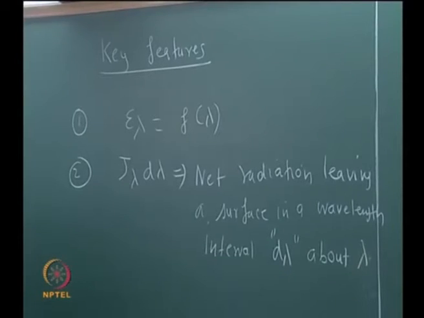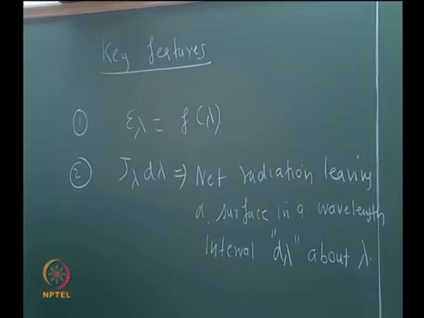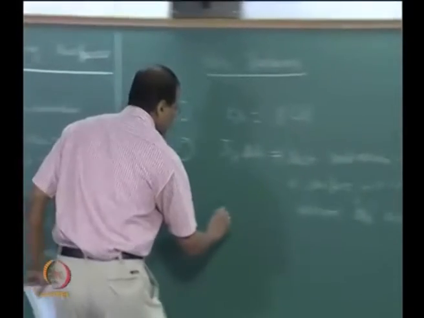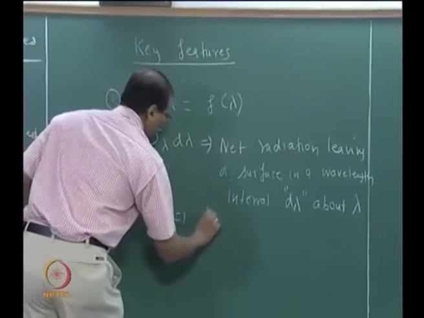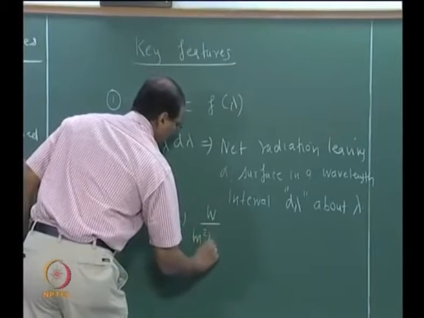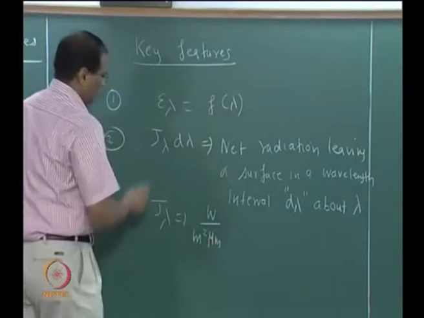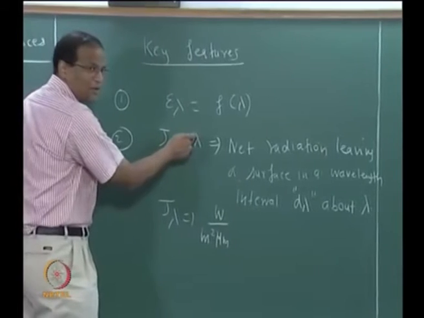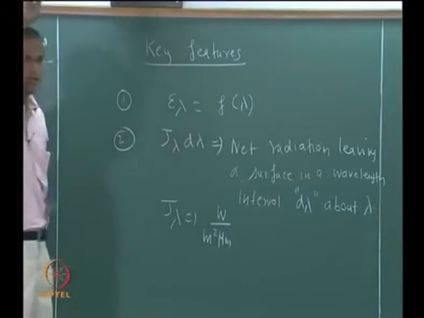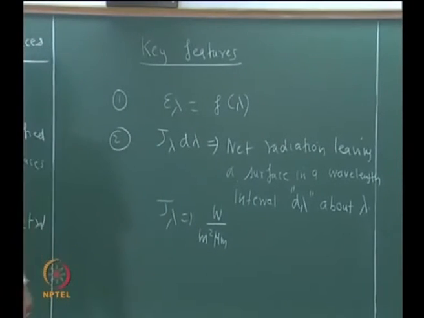What should be the units of J lambda? Watts per meter square per micrometer, so that when multiplied by micrometer, you will get watts per meter square, which is the original unit for radiosity.